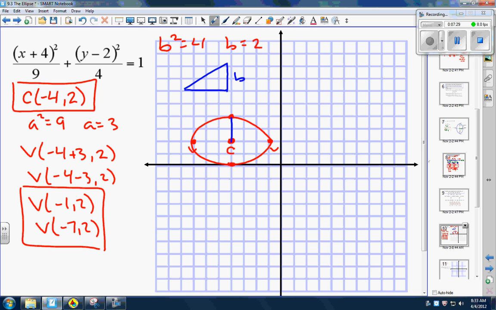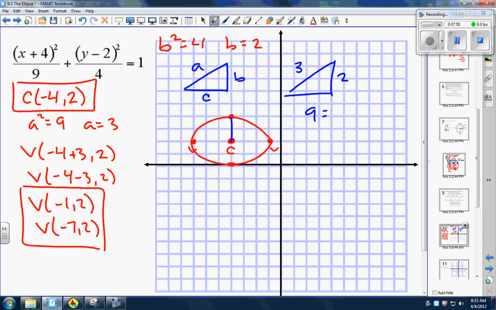We know this is going to be B, this has to be A, because it's the same distance from here to here as it is from the center up to that vertex up there. So then this guy needs to be the C. So plug in some values now. We know A is 3. We know B is 2.